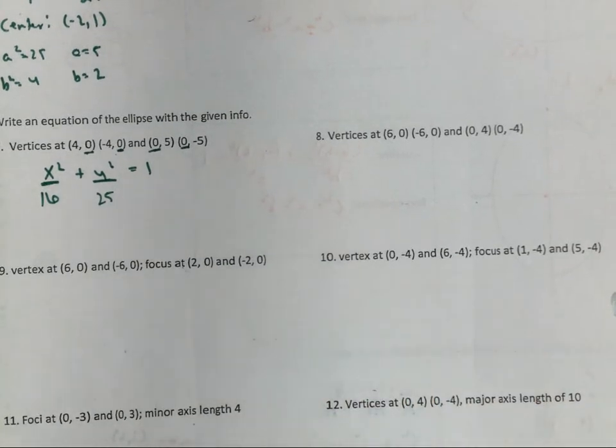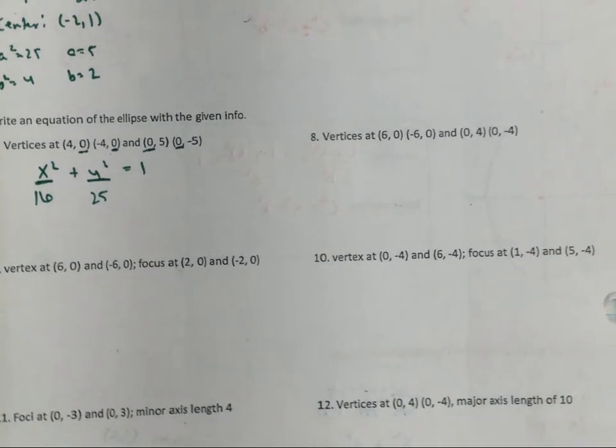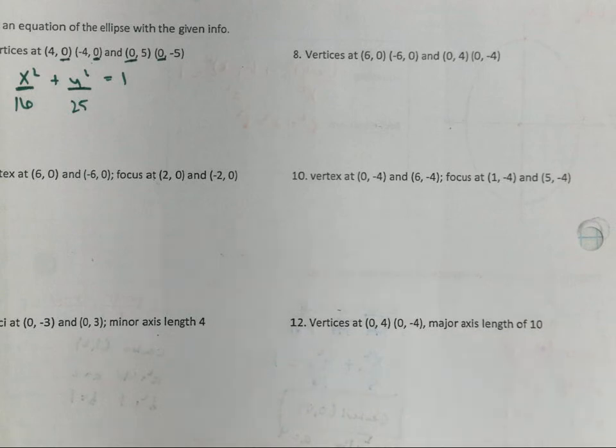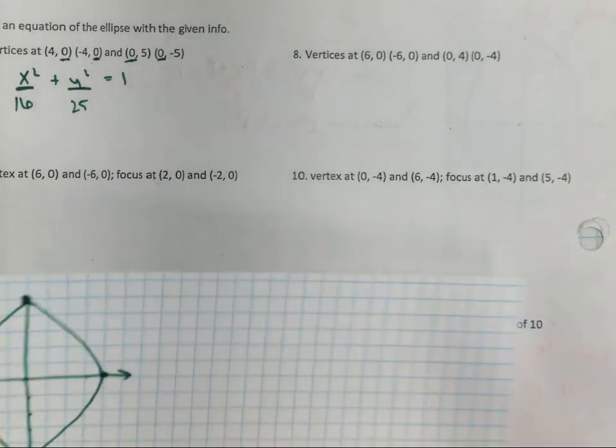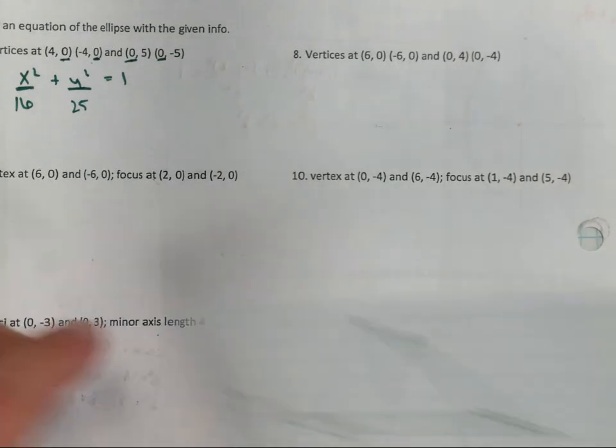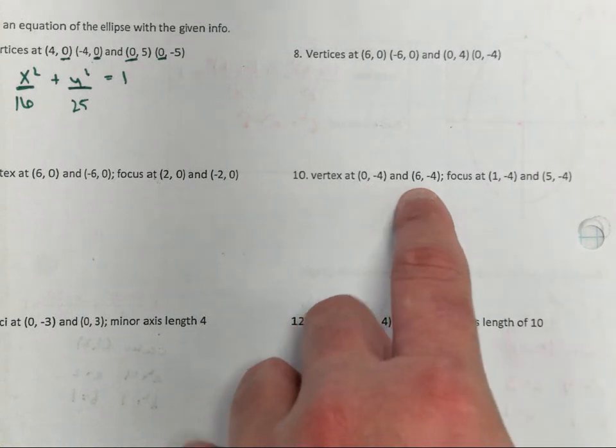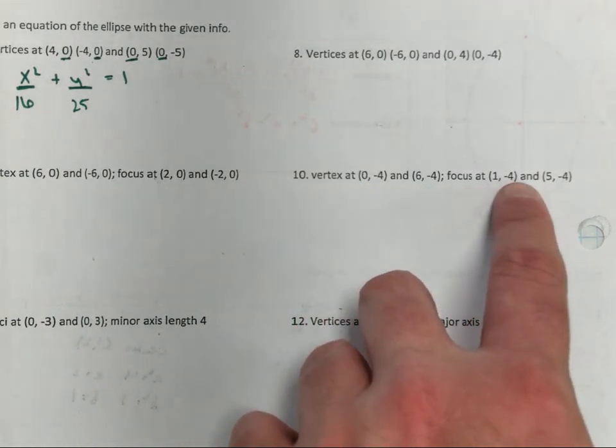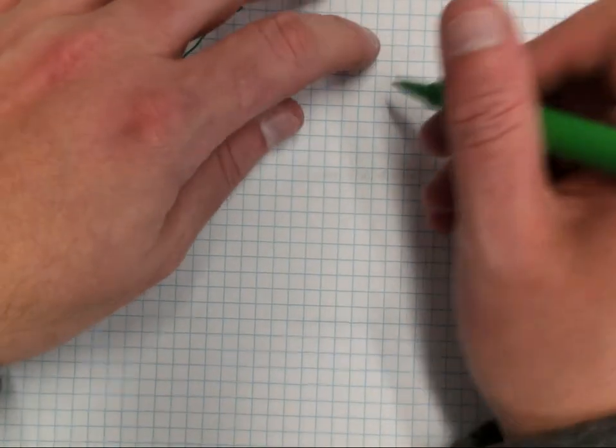Let's skip down to number 10. Okay, I'm going to graph this. This is the vertex at 0, -4, and 6, -4. The focus is at 1, -4, 5, -4. So let's graph this.